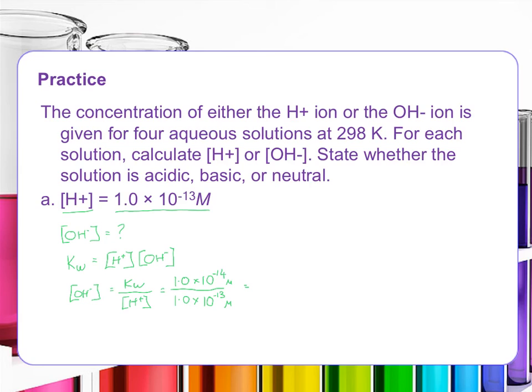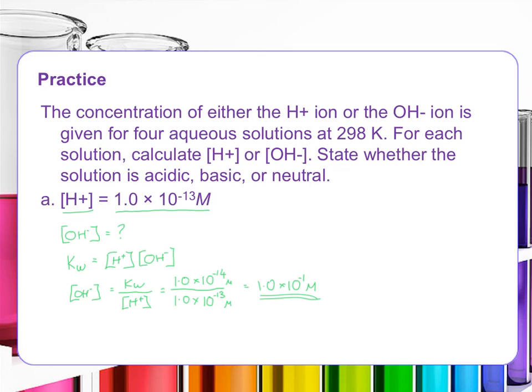First of all, we look at the coefficients. 1 divided by 1 is going to be 1. Then we look at the exponents. So minus 14 minus minus 13 really means minus 14 plus 13, which is going to give you an answer of 1.0 times 10 to the minus 1. And don't forget your units are going to be molar.